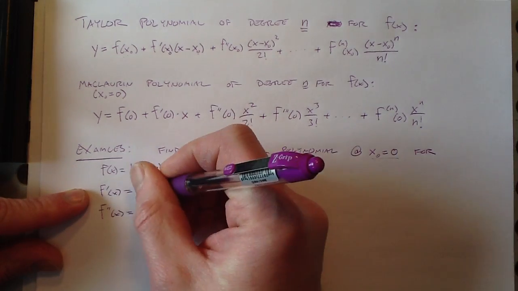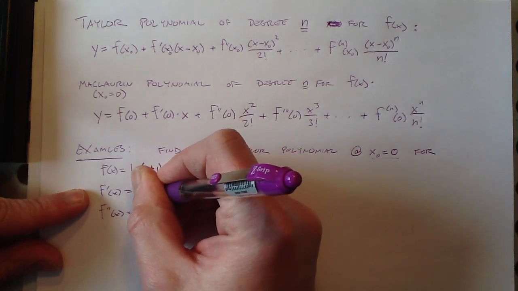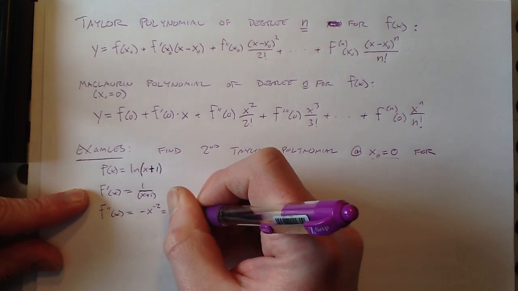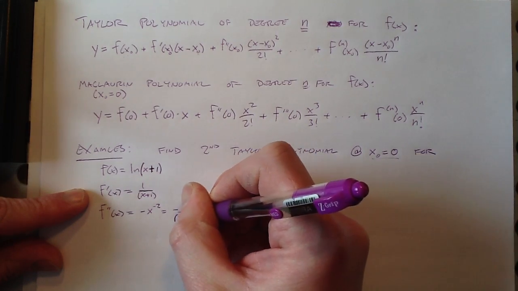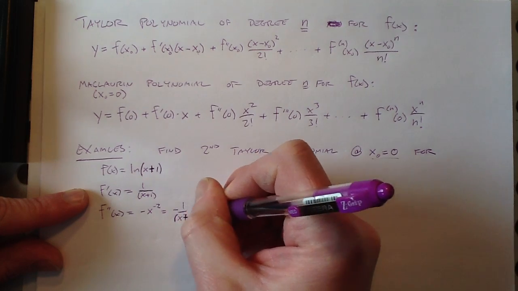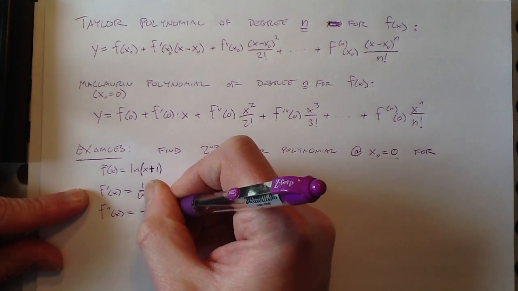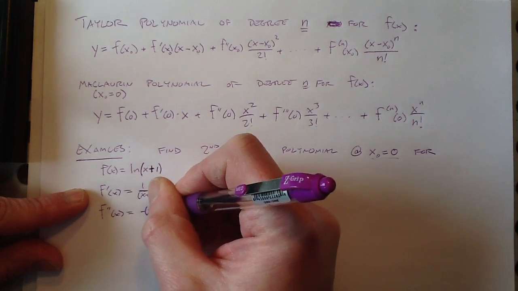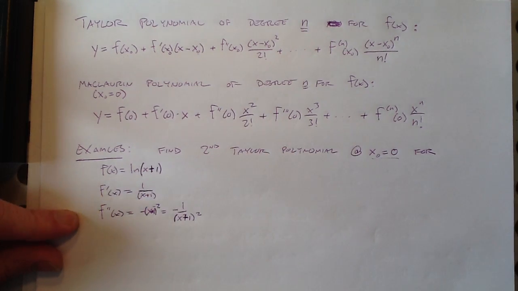The derivative of that would then be that, and then the second derivative would be, we'll just put a little x plus 1. Sorry about that, squeezing that in there. So those are the derivatives.